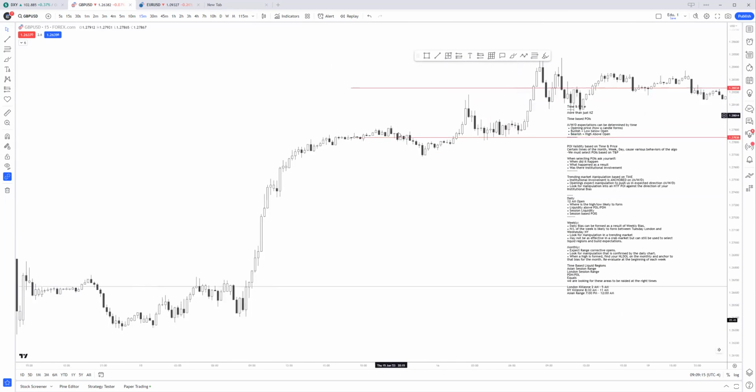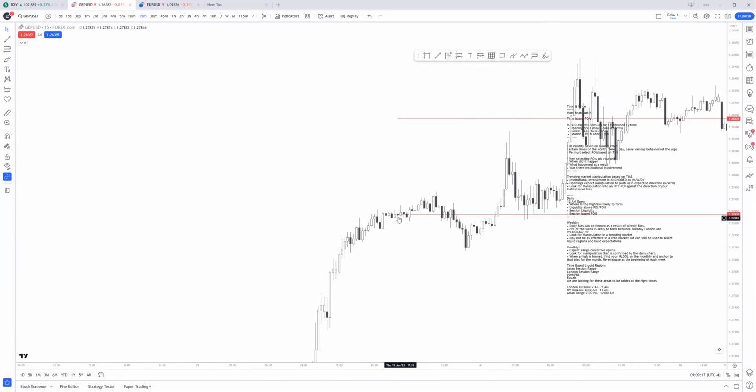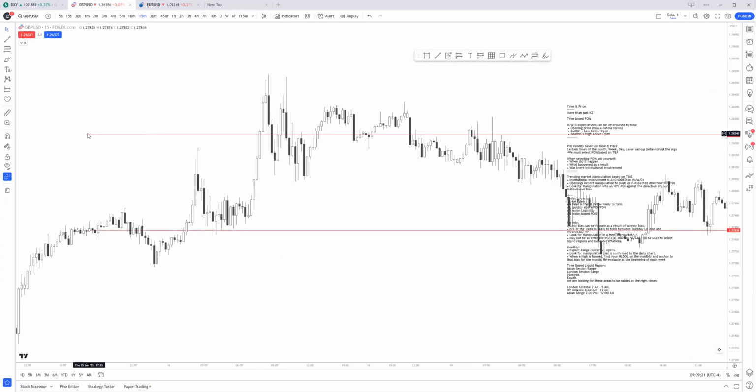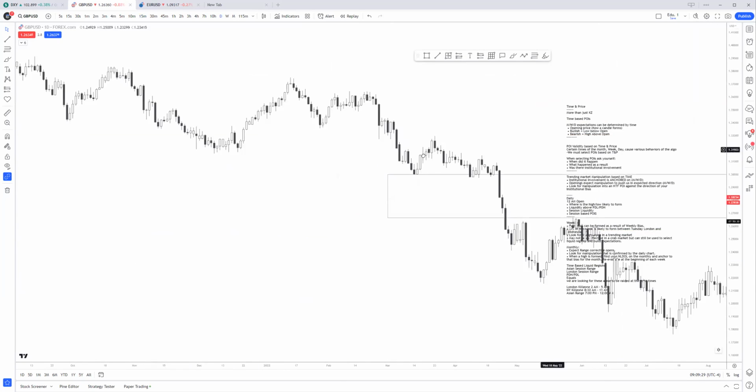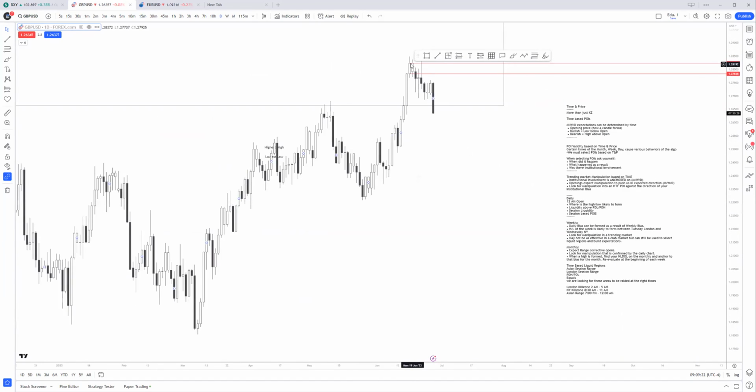Okay, so opening price right here, 17. Closing price would be 17 of the next day, so I have to move that to the next candle. Right there.